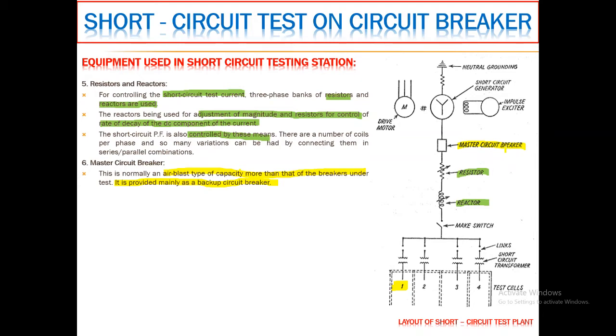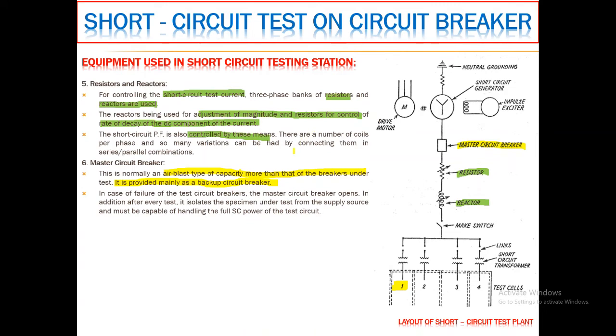Otherwise it may create severe damage either to the transformer side or to the capacitor links or the resistors or reactors, or it may cause serious damage to the short circuit generator. To avoid this financial loss due to damage, if the circuit breaker under test fails to operate, the master circuit breaker has to operate.